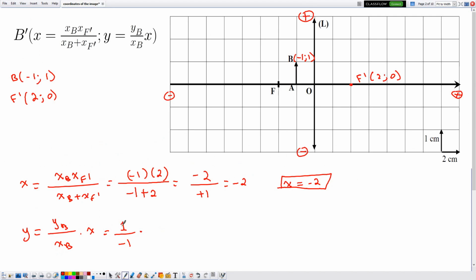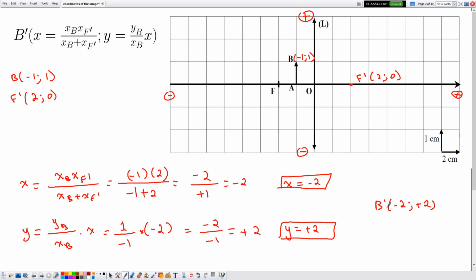We have already calculated the value of x and it is minus 2. So this is given by minus 2 divided by minus 1. This will give us plus 2. So the value of y is plus 2. Therefore, in this case, the coordinates of the point B prime are minus 2, plus 2.